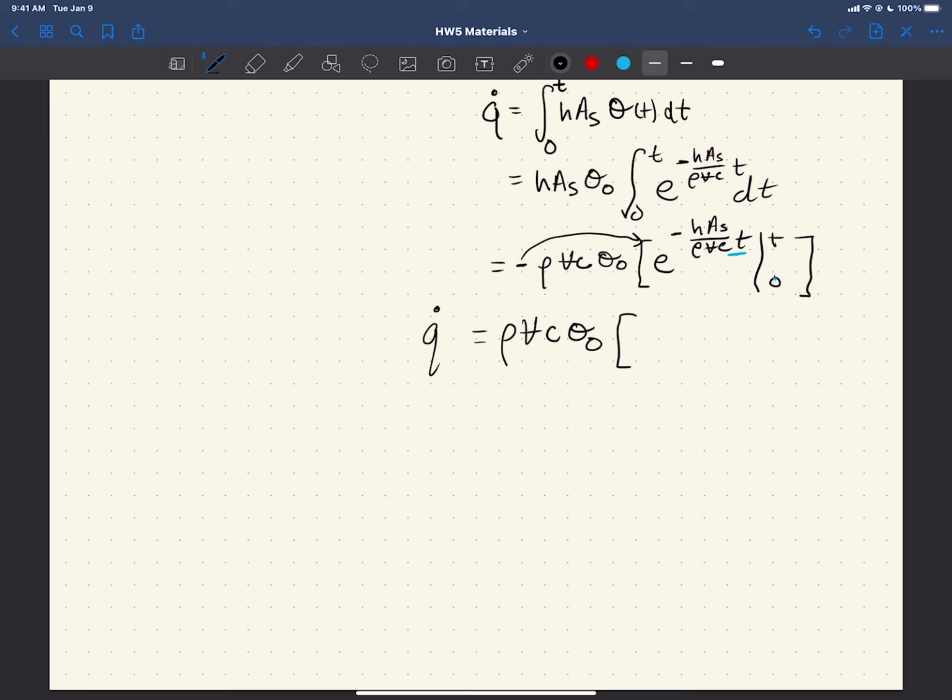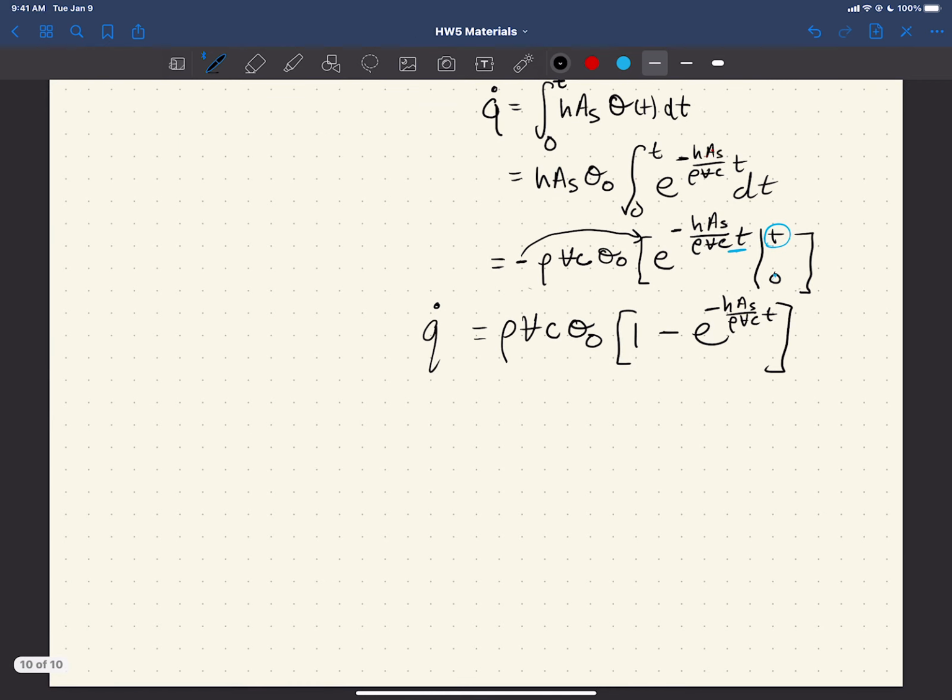It's actually minus 1, but I multiply the negative in, and so this 1 ends up in the front, and then you end up with minus e to the minus hAs over rho VC t. Because we still just have this t because we're going to any time. And so you have this expression now, and this is still technically a function of time.